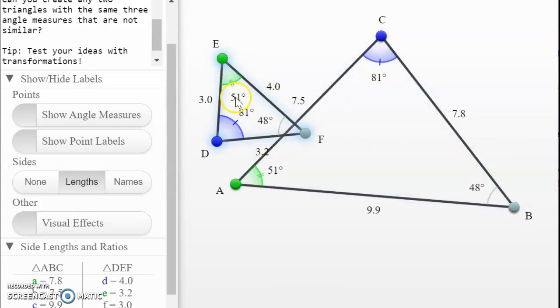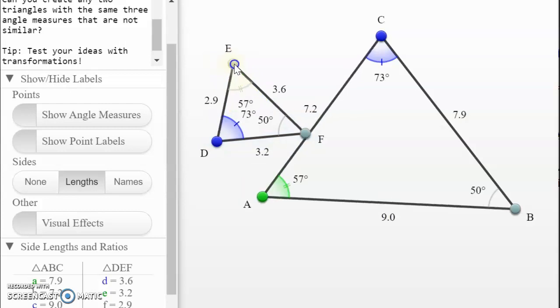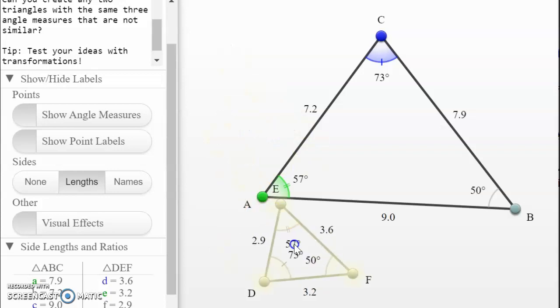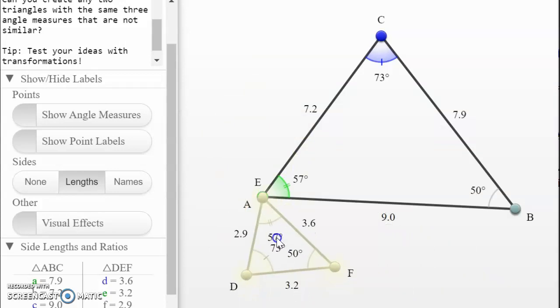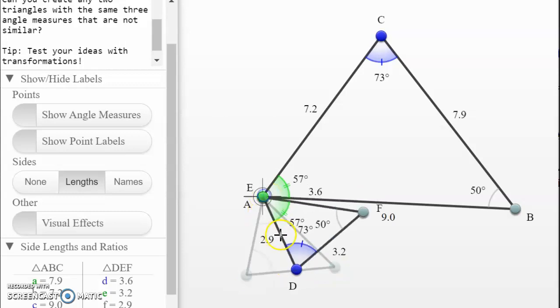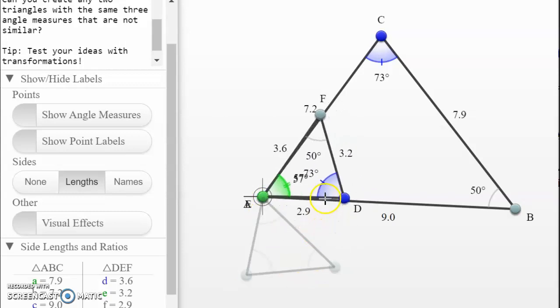So for example, if I think these two are similar, what I can do is move this to see that those two vertices are the same angles, and then I can use rotation with the center of rotation right there and move this like so.